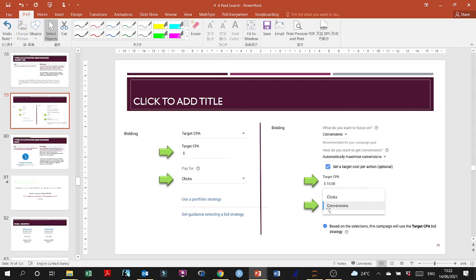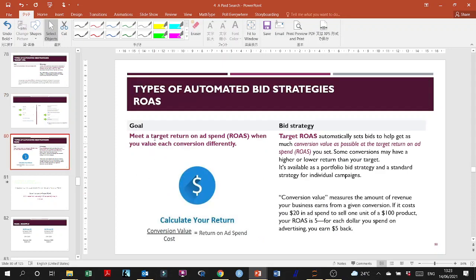But if you select clicks as the action you are willing to pay for, we clarified that the total cost of all the clicks over the number of conversions will give you the cost per action, right? All right, very good.